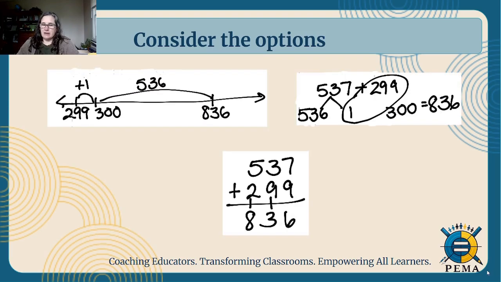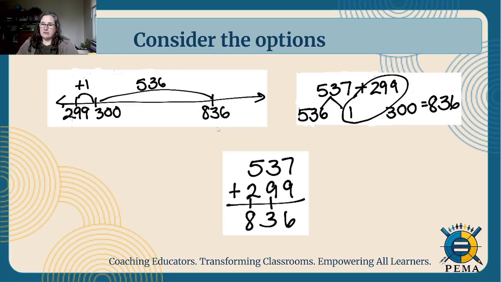This next problem, though, is interesting. Like the previous problem, it has us renaming units in 2 place values. But when you look at the option of an open number line or decomposing an addend to make an easier problem, instead of being a multi-step problem with lots of regrouping, here I am breaking apart and going from 299 to 300 and then adding 536 all at once, and in 2 steps I can get my answer of 836.